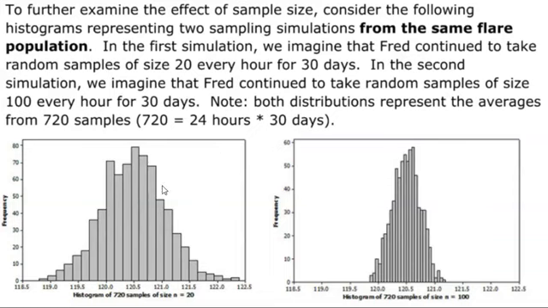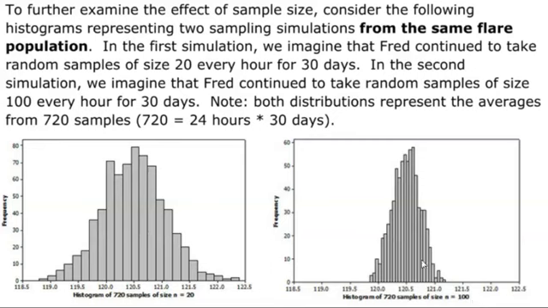In this first simulation, there are 720 samples, so for 30 days every hour, taking out 20 flares at a time and finding those averages. And then this other histogram represents having a sample size of 100 flares. So every hour for 30 days, taking out 100 flares.